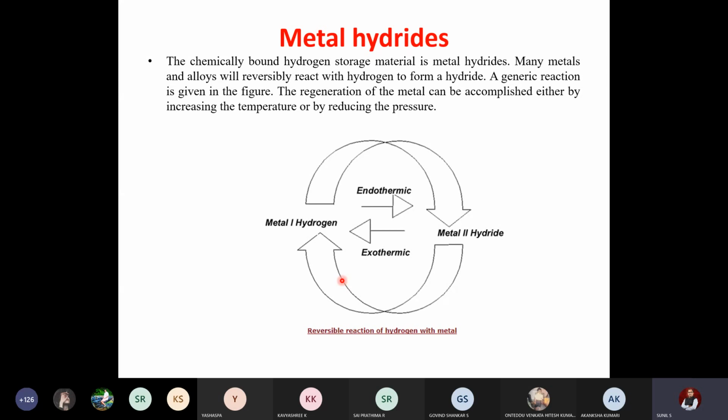Certain metals, when they come in contact with hydrogen, form metal hydrides. Whenever you place this metal in a hydrogen atmosphere, the hydrogen will be completely absorbed by the metal, and whenever you heat this metal, it will release the hydrogen back, or you reduce the pressure so that under low pressures it will release the hydrogen. So this is a reversible reaction.